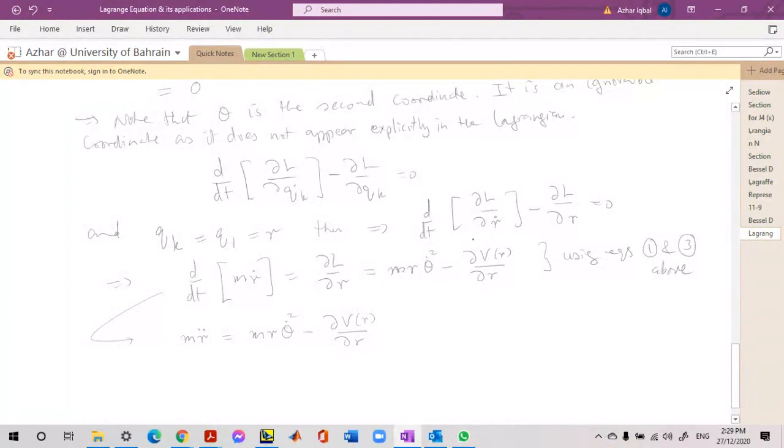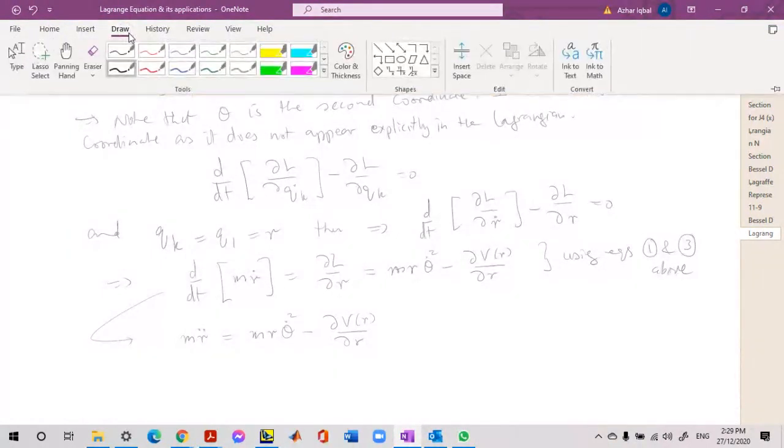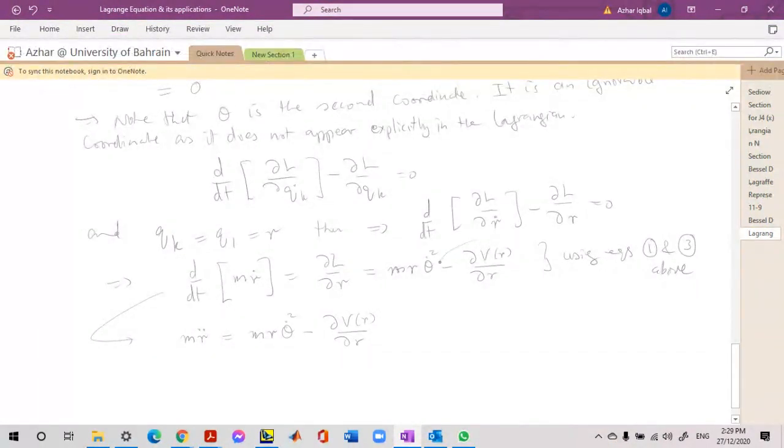Now this part, minus partial V over partial r, is the radial force for a conservative field. So this is Fr.